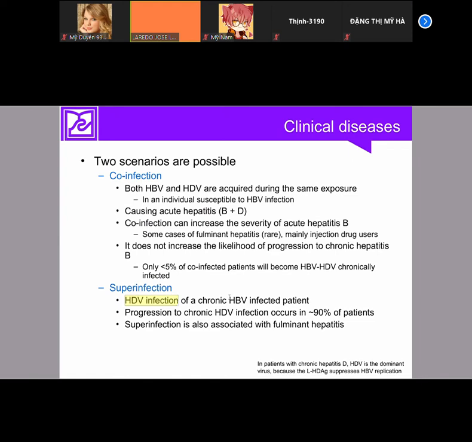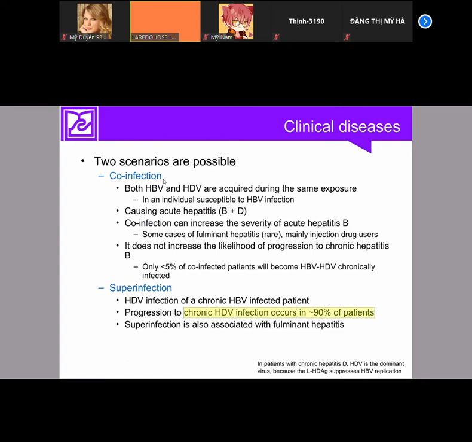The patient was infected by hepatitis B virus. The patient becomes infected by hepatitis D. This is superinfection. And what happens to this patient? Mostly, the patient will become chronically infected by both viruses.